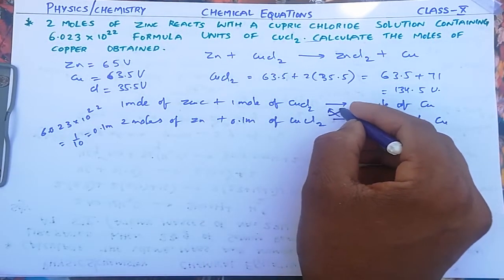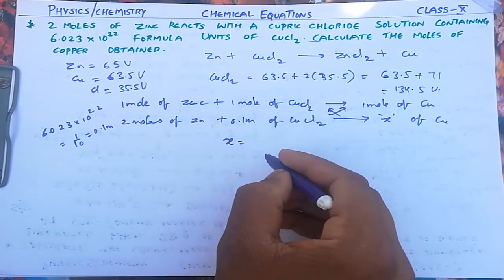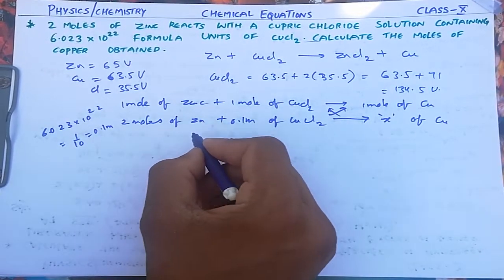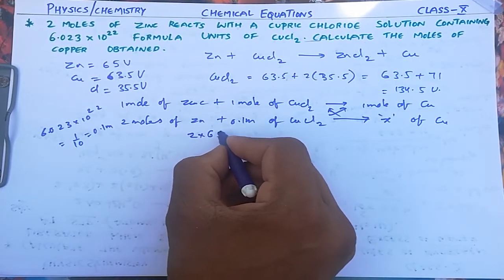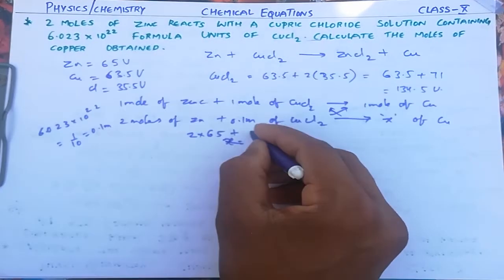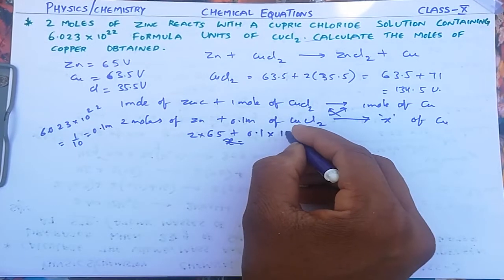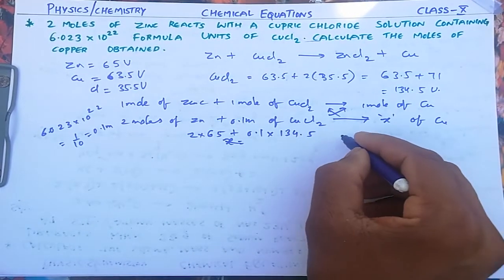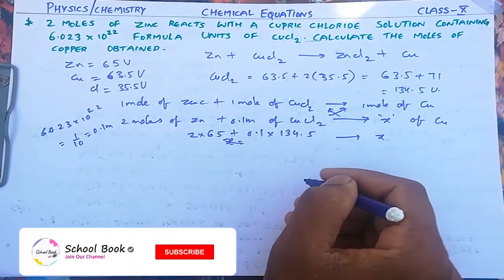Cross multiply. So X equal to, here 2 moles of zinc means 2 into 65, plus here 0.1 into 134.5 goes to X. Okay.